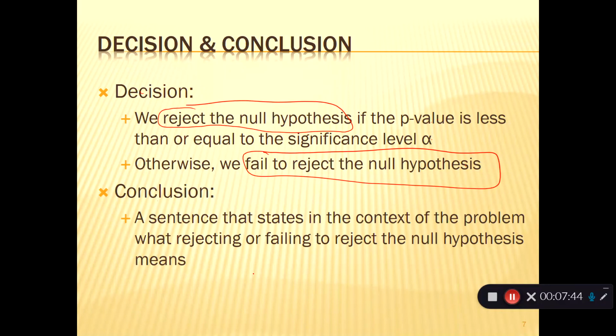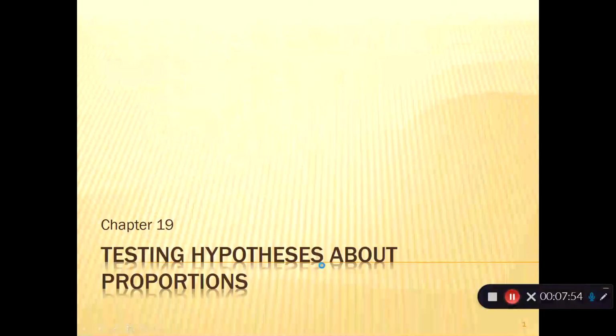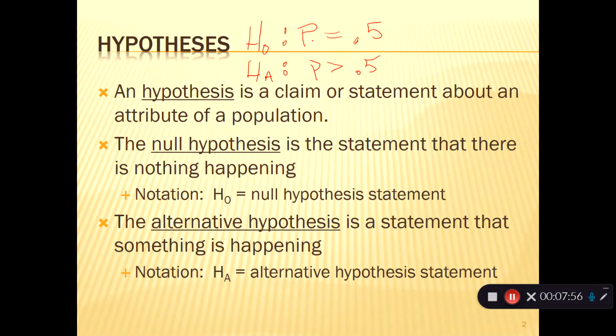So you're going to come up with a sentence that is in context of the problem, that tells you what rejecting the null actually means. So like back over here, remember I said my null hypothesis is that the proportion of students who transfer is 50%. So rejecting that would mean we have evidence to believe the proportion of students that transfer is no longer 50%.